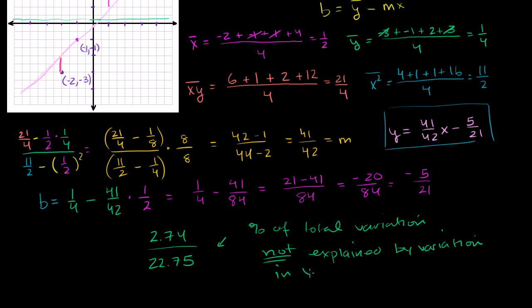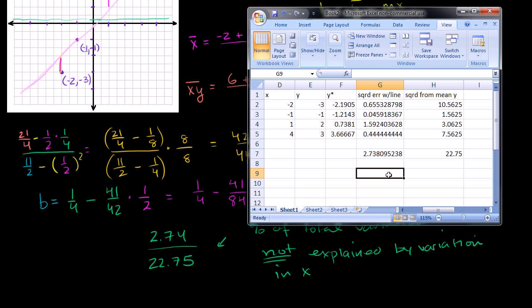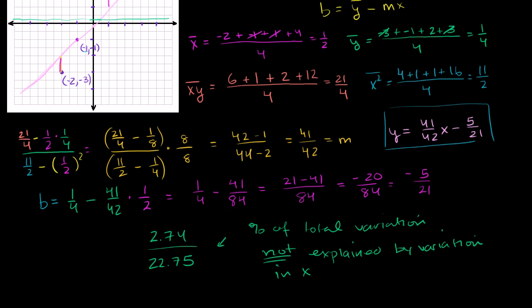And so what is this number going to be? I could just use Excel for this. I'm just going to divide this number by this number right over there. I get 0.12. So this is equal to 0.12.